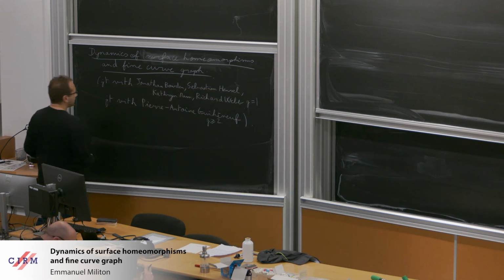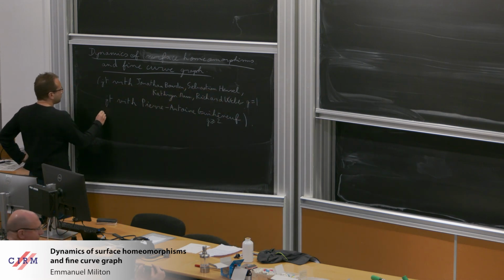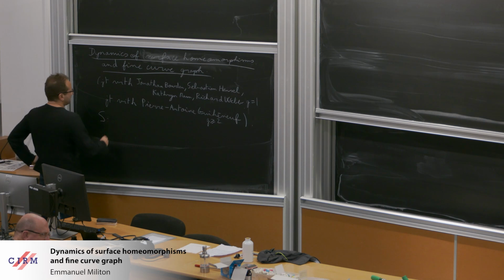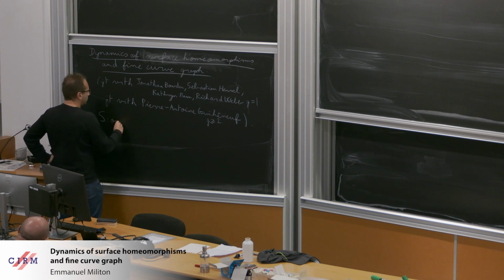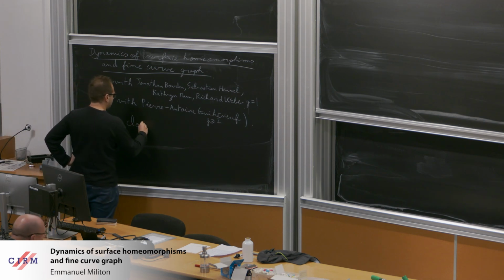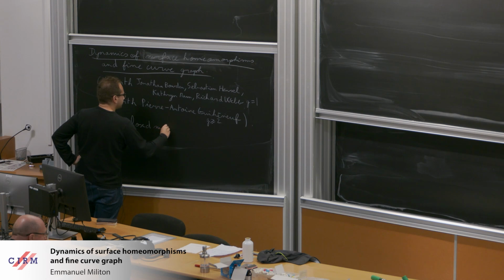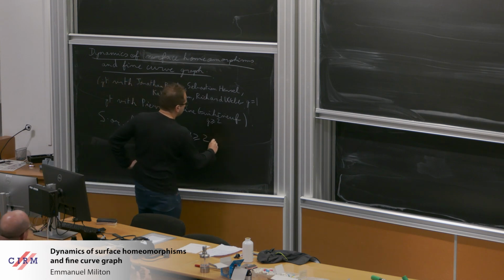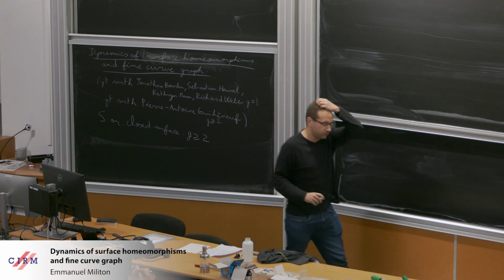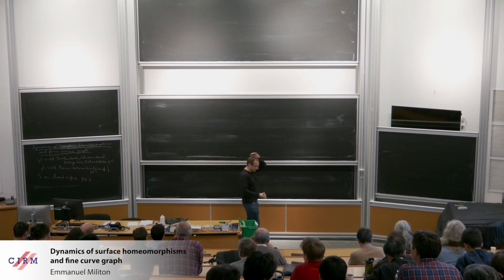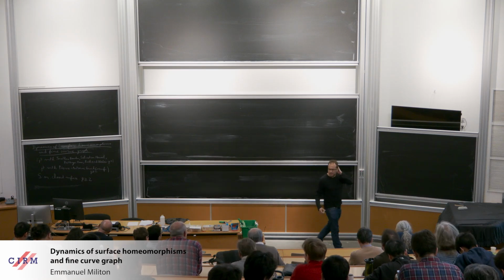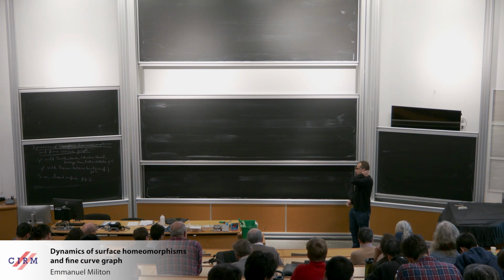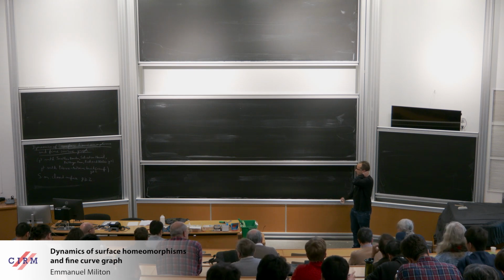Okay, so in the whole talk I will fix S, an orientable closed surface, and I suppose it has genus greater than or equal to 2, but all the results can extend to the case of the torus with some little modifications.